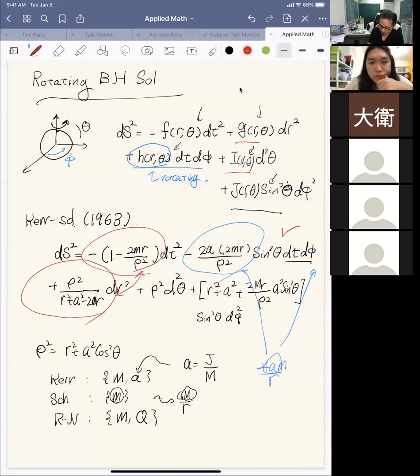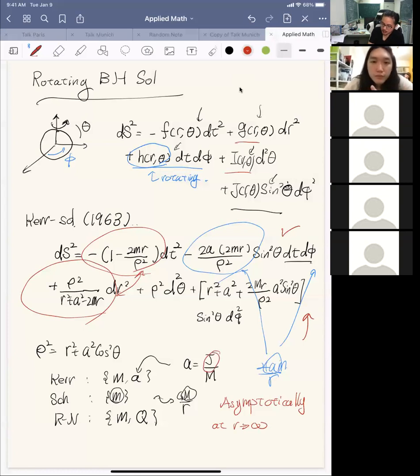So that means a priori, and this is a very important point, that even asymptotically, at r going to infinity, if the object is rotating, you can at least start to tell whether the rotating object is coming from a Kerr solution or from something else. In other words, if the object is spinning, even asymptotically far away, you can start to tell whether or not it's a black hole.